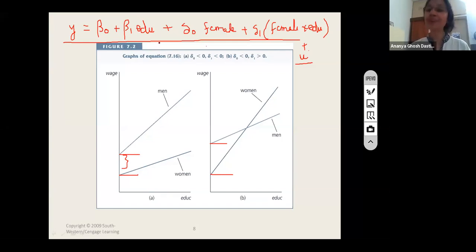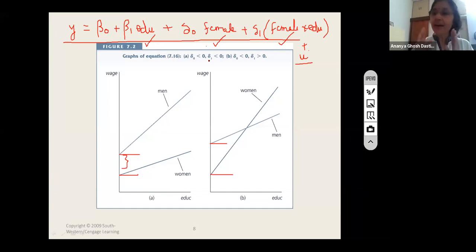You will have to estimate this kind of a model, where you include the explanatory variable, education, you include the dummy variable, female, and you generate a new variable, a multiplicative term that multiplies the dummy with your explanatory variable. This is an interaction; interaction is another word for multiplication. So this is a new variable that you will have to create. You will have to interact or multiply the dummy with your explanatory variable, create this variable, and then run the regression.